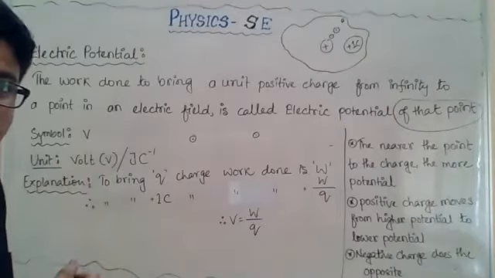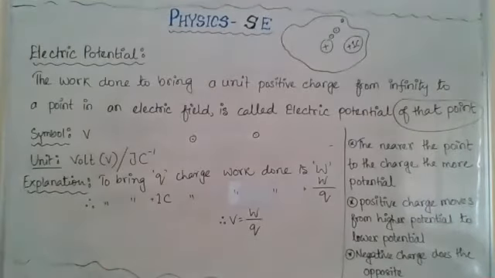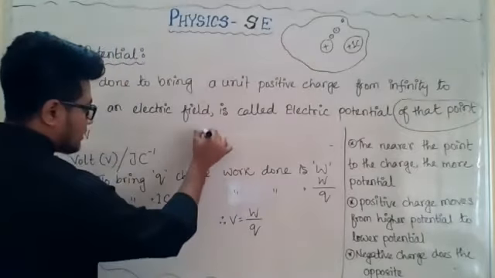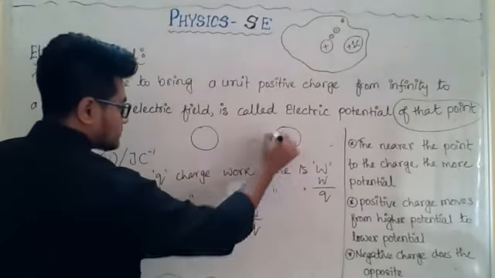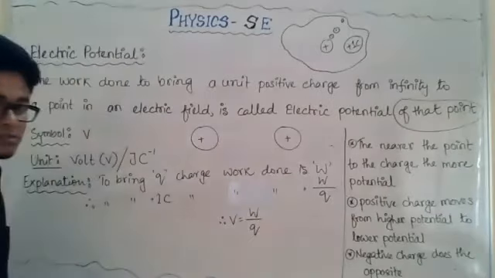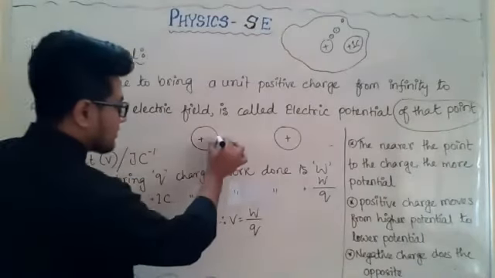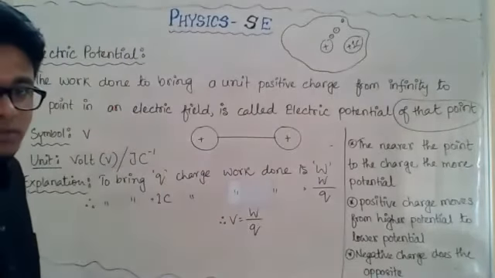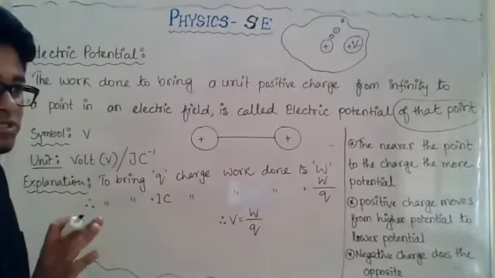Another thing: let us say you have two bodies, and you know that this one is also charged, and this one is also charged. Now you connect them. Definitely there will be charge flow, given that there is a potential difference.